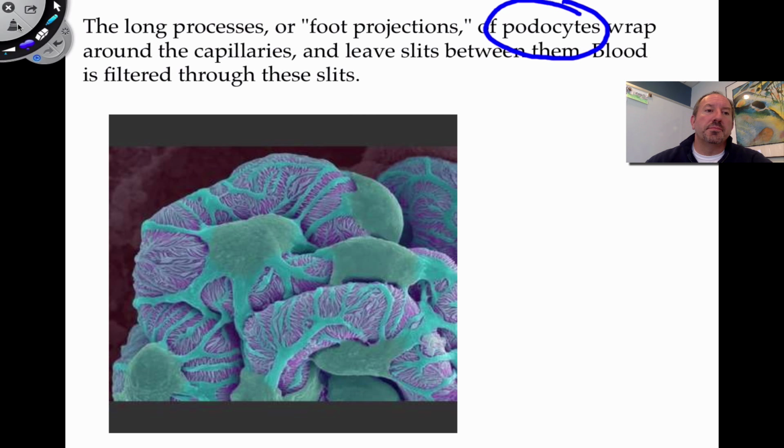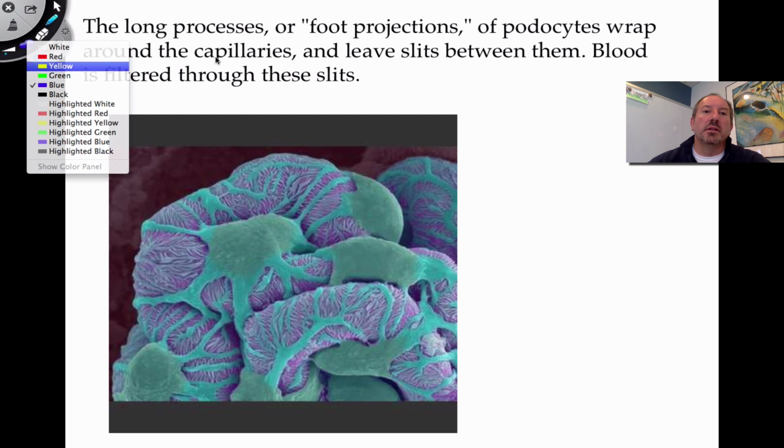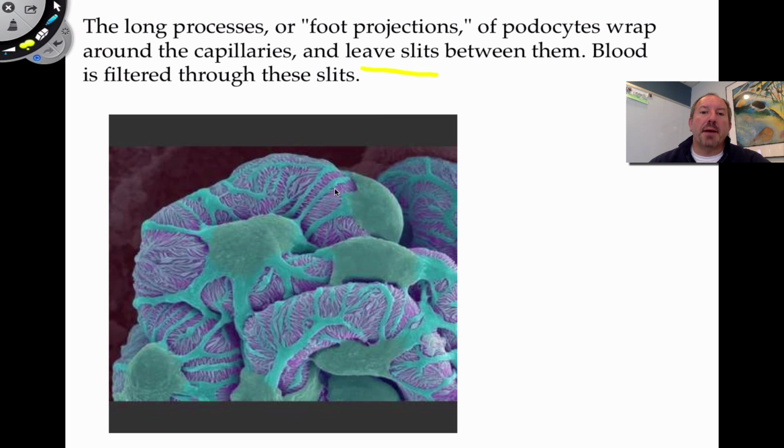The filtrate literally leaves the capillaries through these slits between the podocytes. And that's how it actually leaves the glomerulus into the Bowman's capsule, which is right there, I presume.